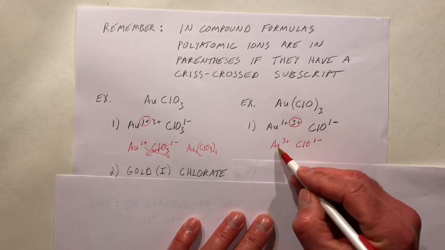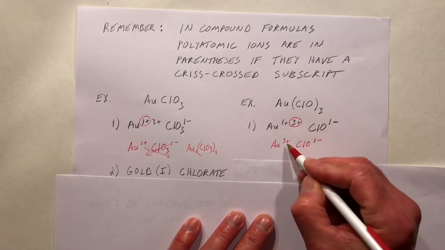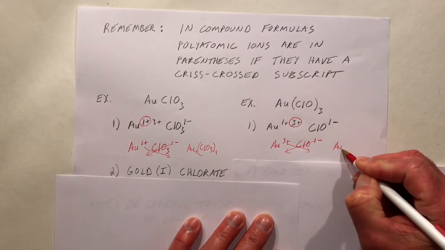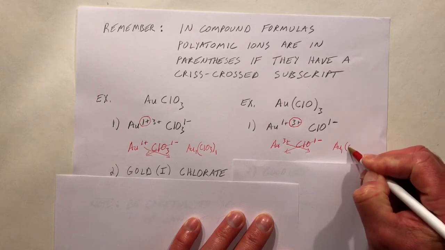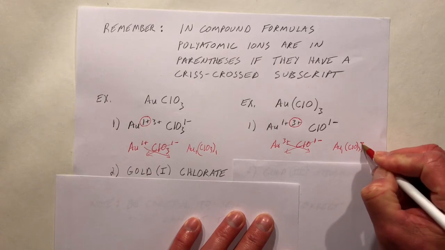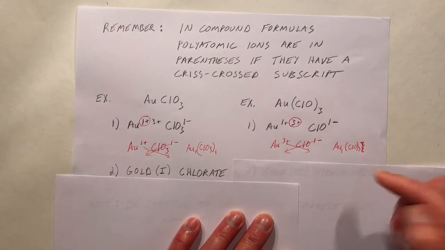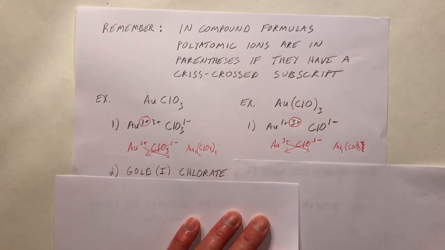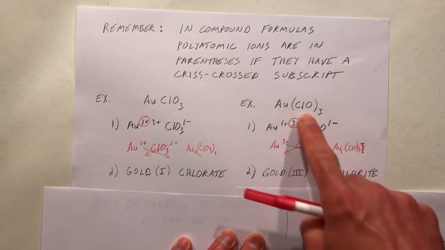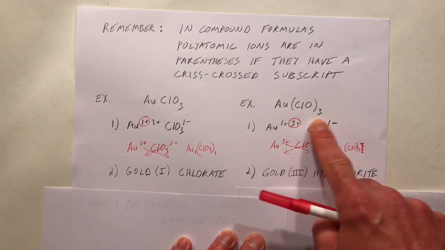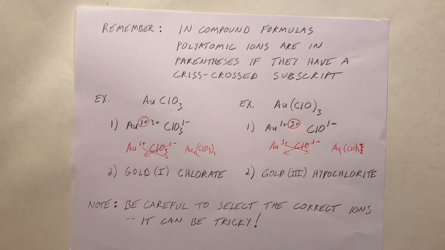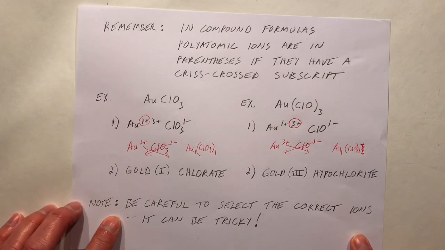Now, if we crisscross Au3 plus and ClO1 minus, the 3 goes there and the 1 goes there, and we get Au taken once, ClO taken 3 times. So that is the formula we have here. Au3 plus is called gold 3, and ClO1 minus is called hypochlorite. So we have gold 3 hypochlorite. So the name of the game here is be careful when you select your ions.